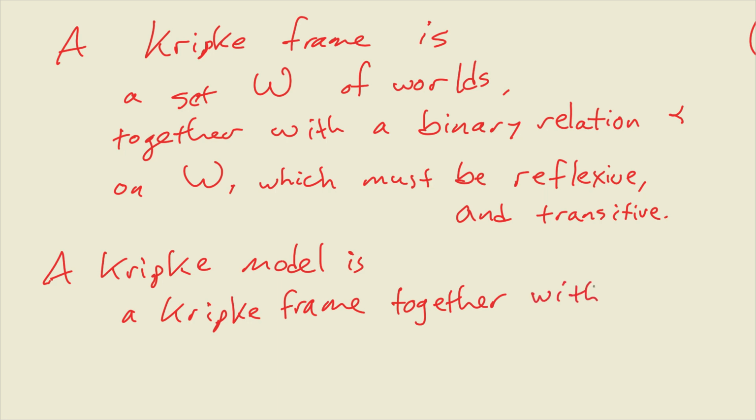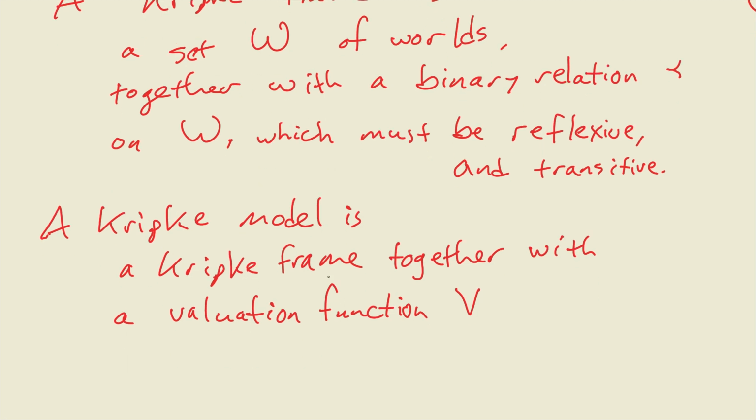Let me see, how does he formalize this? Yeah, okay. A valuation function V. We're dealing with propositional logic, so we need to say which atomic formulas, your P's, Q's, and R's, your propositional variables, which ones of those are true and false at the various worlds.